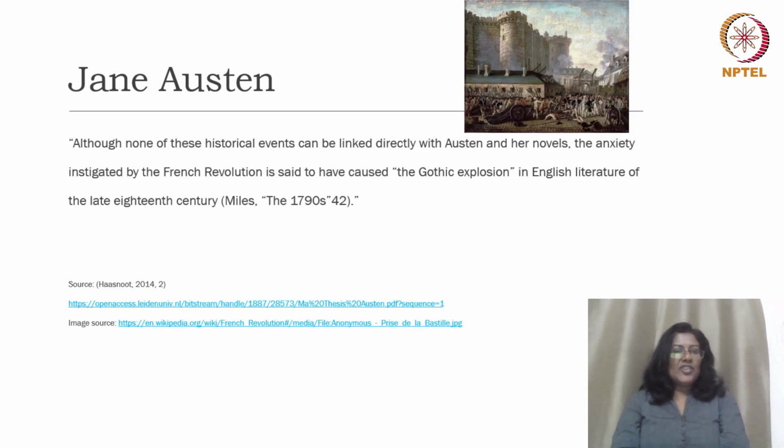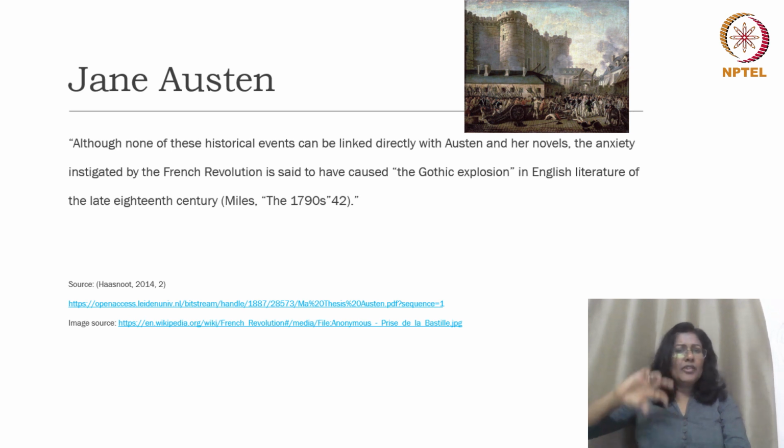Although none of these historical events can be linked directly with Austen and her novels, the anxiety instigated by the French Revolution is said to have caused the Gothic explosion in English literature of the late 18th century. If you remember that previous slide, there was a reference to the fear of revolution in Great Britain as well, and that fear was caused by the revolution that took place in France.